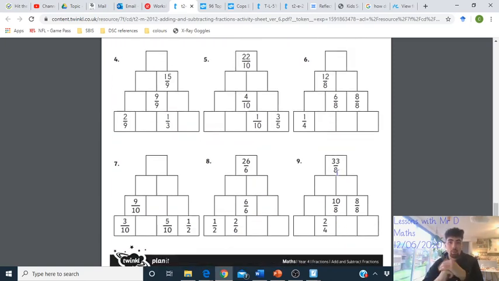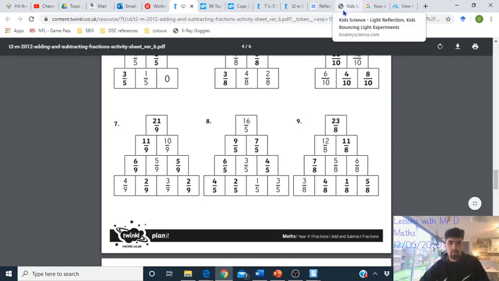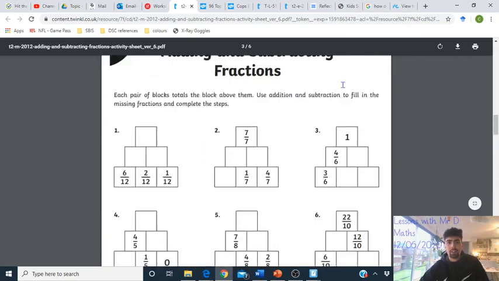If 8 eighths is one whole, 16 eighths, because I've got 2 lots of 8, there's going to be 2 of my wholes. So just think about maybe you're packaging those boxes of cakes, and every time you fill the box, you get a whole, but I've still got cakes to pack as well, so I'm going to need a new box to fill out a new whole. If that's tricky, just stay with the easy one.